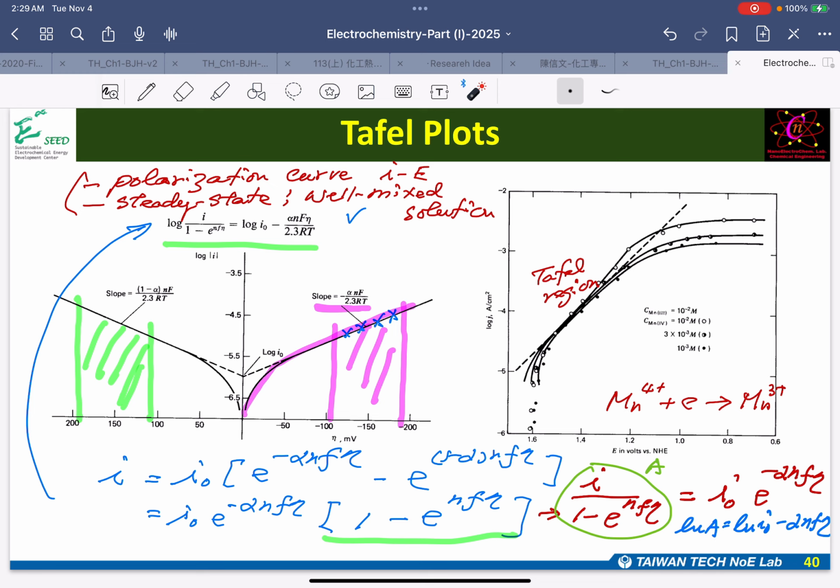So if you have one data set, you can use the Butler-Volmer equation or a general equation, and you can get those parameters.